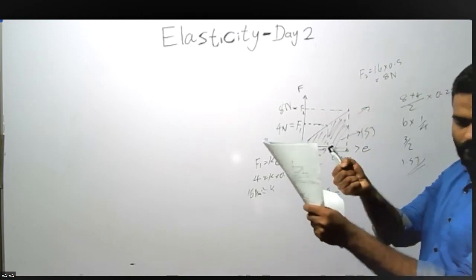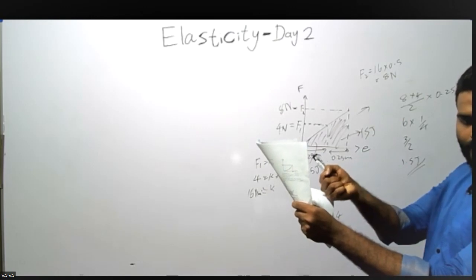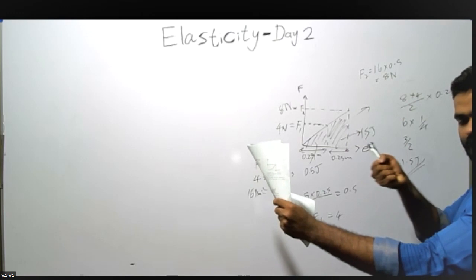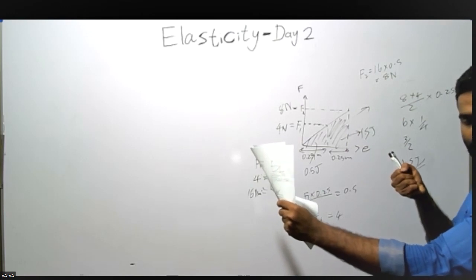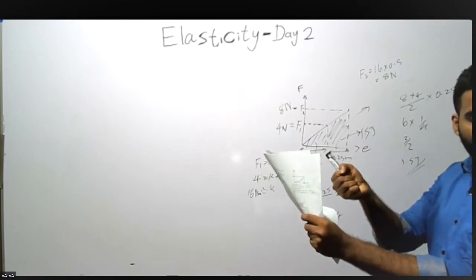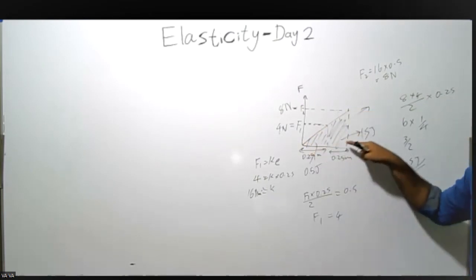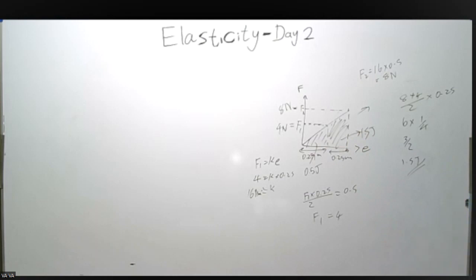The thing is, when you extend a spring, you have to apply more force if you need to keep increasing the extension. So the force always increases to have higher and higher extensions, right?